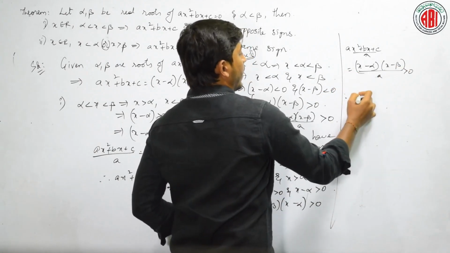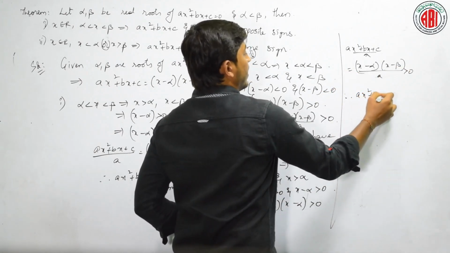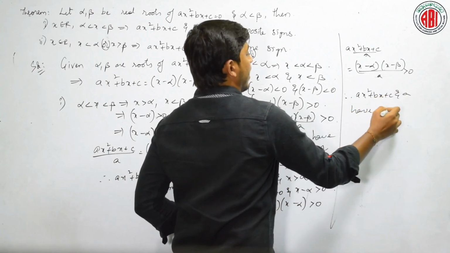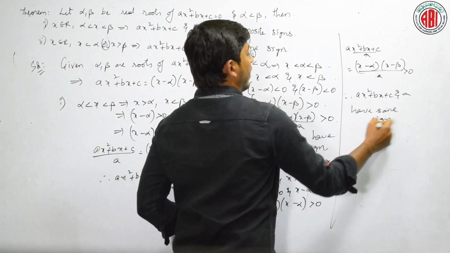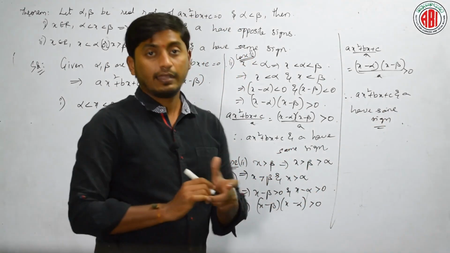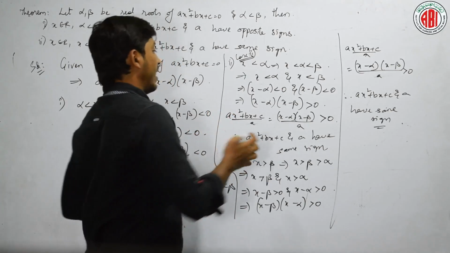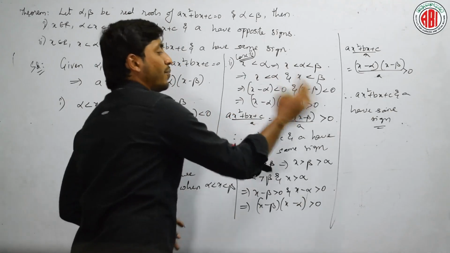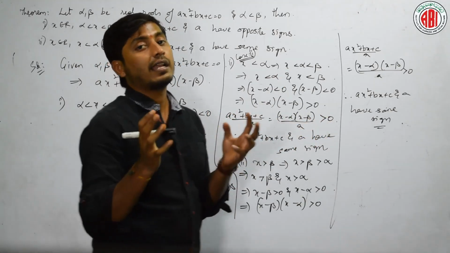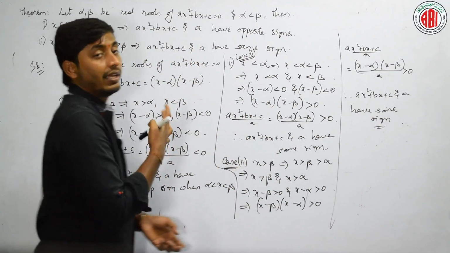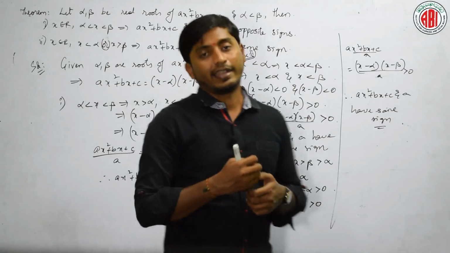Therefore, ax square plus bx plus c and a have the same sign. Clear? You have to have the knowledge that the product of two numbers is positive only when both the signs are the same. If the signs are different, then the product will be negative.